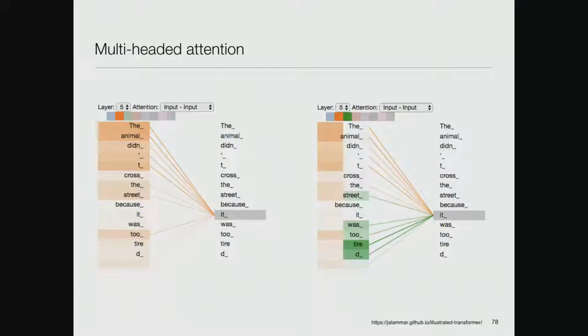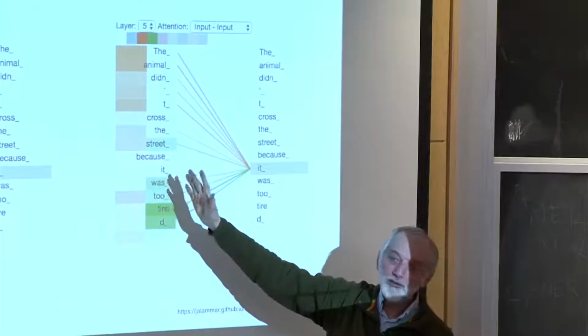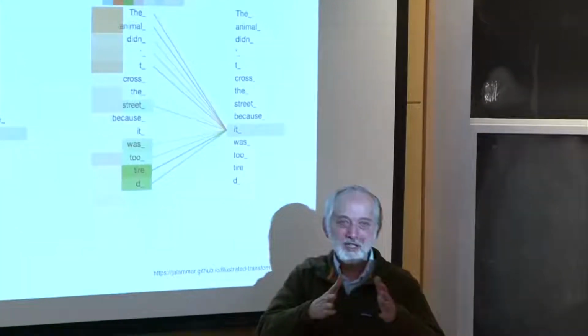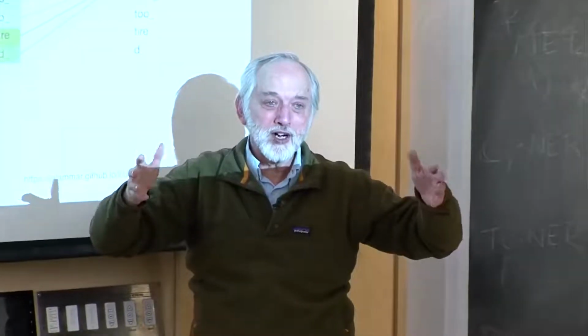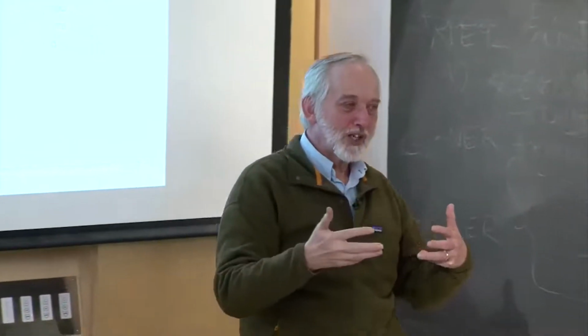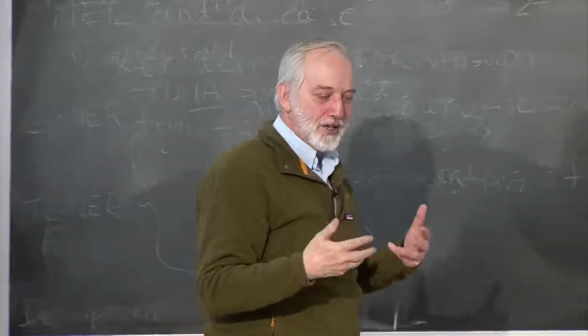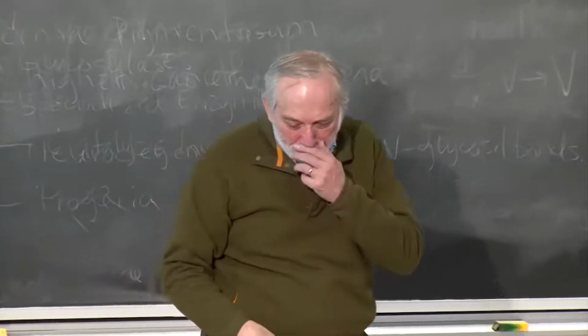Here they introduce another encoding, and this one focuses on was too tired, which is also good because it, again, refers to the thing that was too tired. And of course, by multi-headed, they mean that it's doing this many times. And so you're identifying all kinds of different relationships in the input sentence.